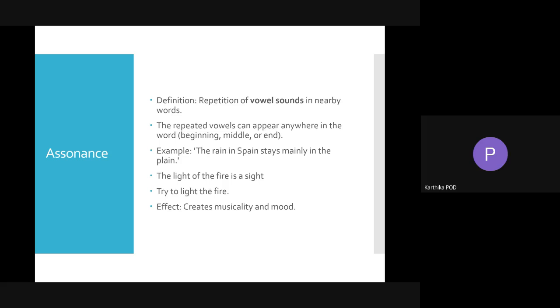Then if you say the rain in Spain stays mainly in the plain, now you see there are two consonant sounds, S, getting repeated. Spain and stays, S, S. What is that kind of figure of speech called where the S sound gets repeated? Any idea?